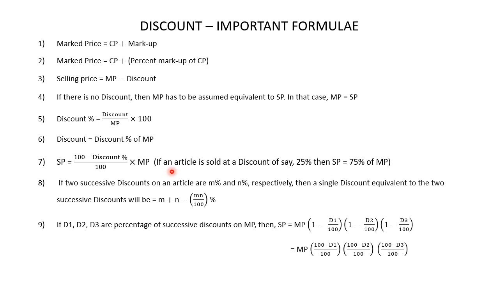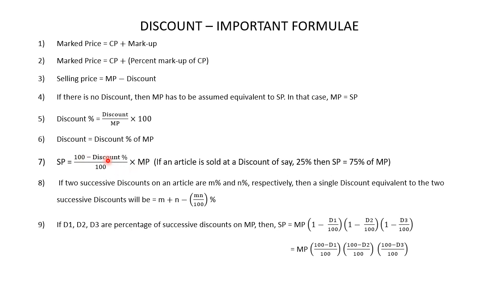Now, supposing an article is sold at a discount of say 25%, then selling price will be equal to 75% of the marked price. Now you can understand this if you substitute 25 for discount percent, then selling price will be equal to 100 minus 25 divided by 100 multiplied by marked price.